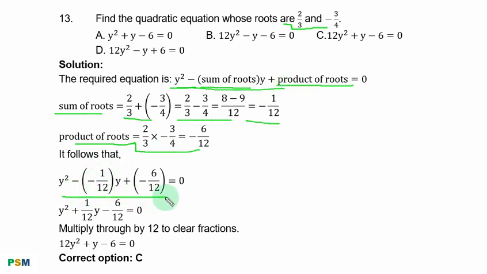If you open the two brackets with the minus and plus signs, you have this result. Multiply through by 12 to clear fractions, you have 12y squared plus y minus 6 equal to 0. The correct option is C.